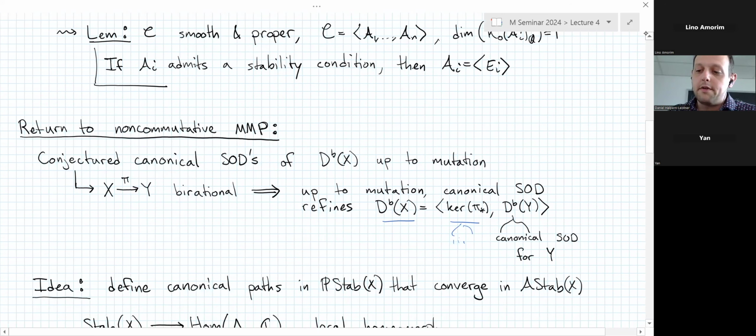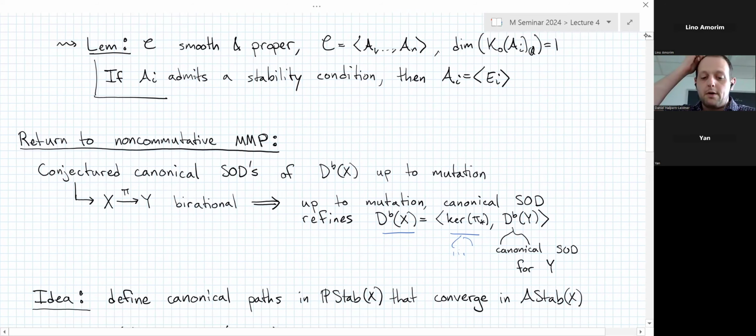So that was fine, and I was able to explain how this compatibility under birational transformation is enough to, for instance, imply the D-equivalence conjecture and non-commutative minimal models and that sort of thing. But it leaves a little bit to be desired in the sense that where is a canonical semiorthogonal decomposition supposed to come from?